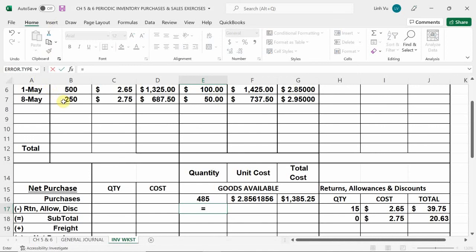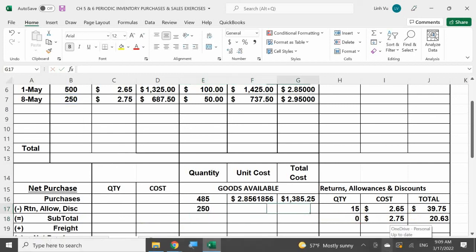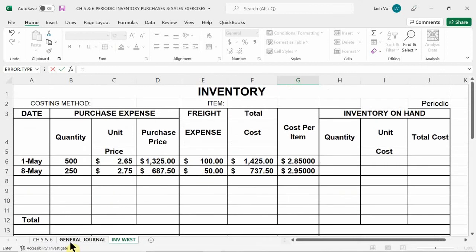So, let's see. In this case, I still have my 250 units, because the vendor convinced me to keep my items, so I never returned anything. However, they gave me a portion of the money back. That means 50 of those mugs in my batch of inventory were discounted.